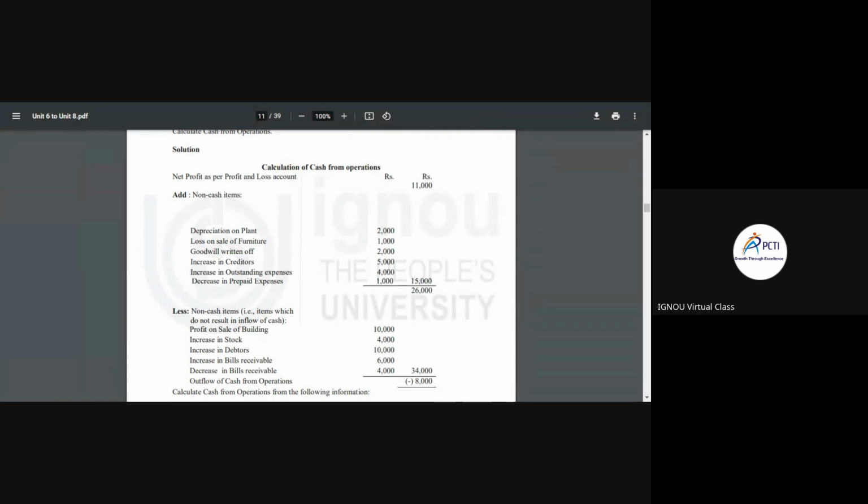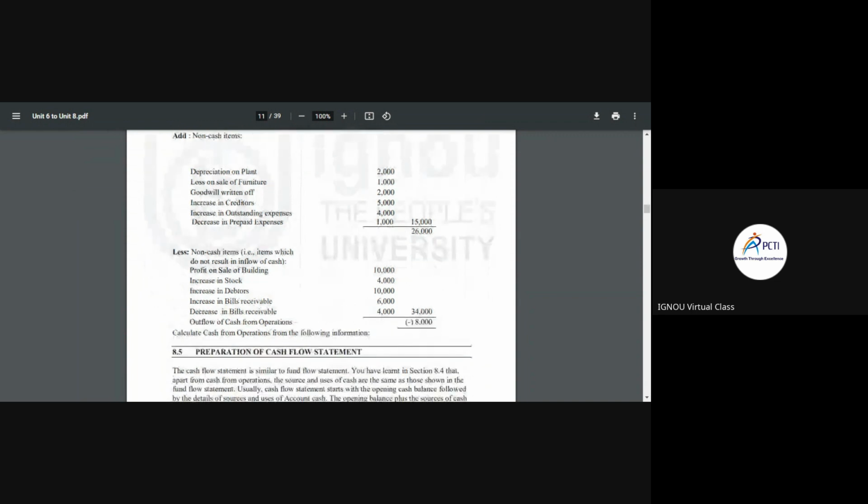So the total which we get will be 26,000. Then we deduct non-cash items, that is, items which do not result in inflow of cash, like profit on sale of building, increase in stock, increase in debtors, increase in bills receivable.